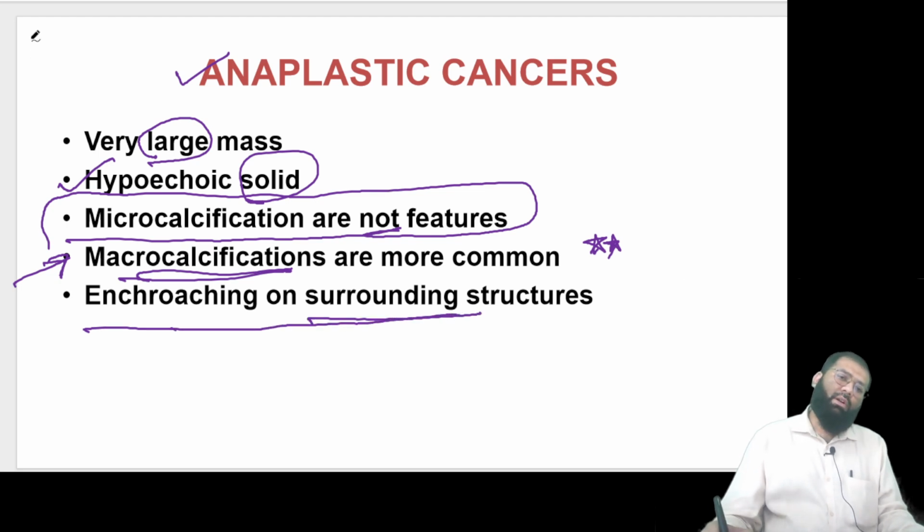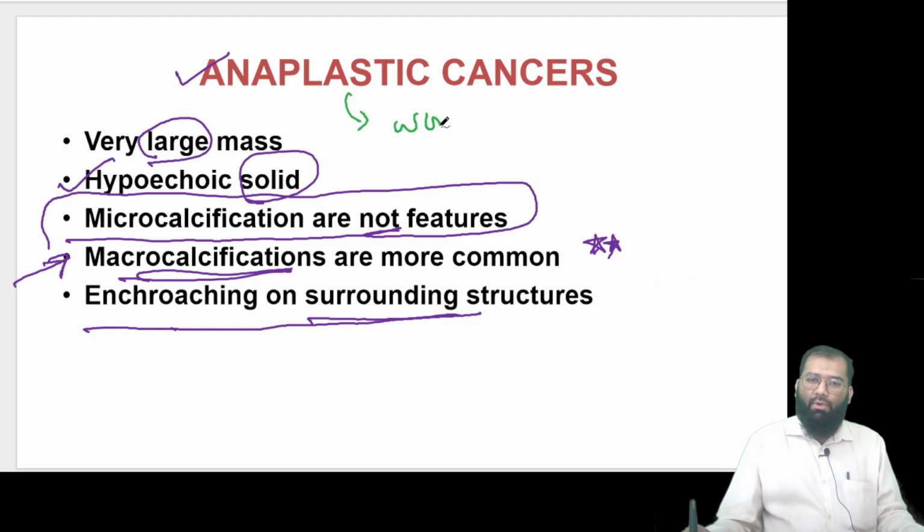Now, a very important feature which I would like to tell you is that anaplastic has the worst prognosis. So, these were few important features which differentiate it from the other tumors.